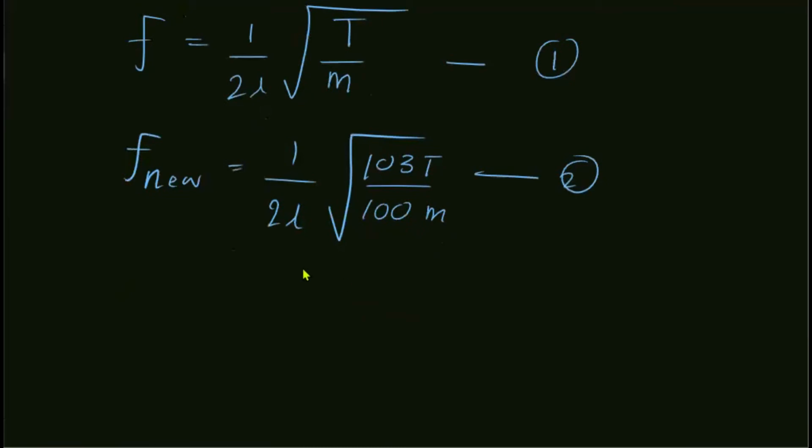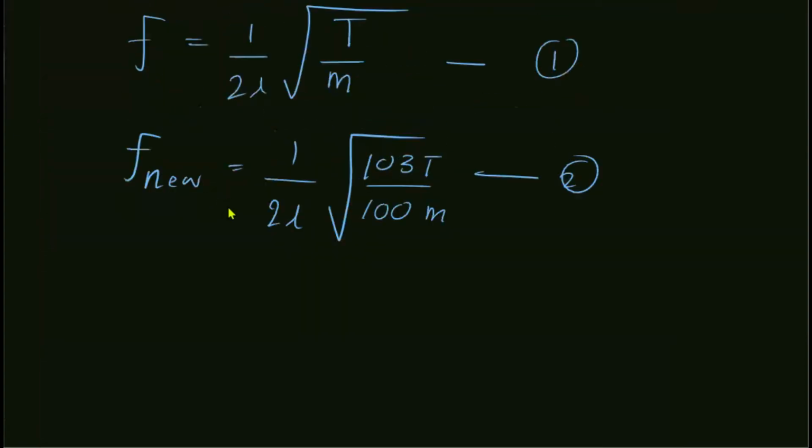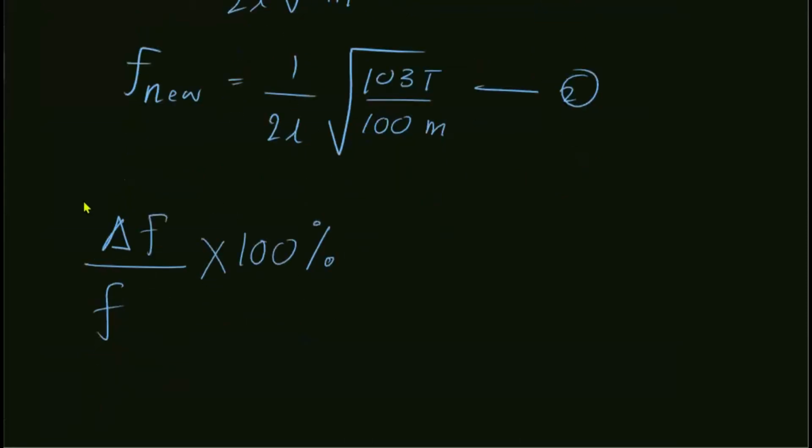What you need is the percentage change in the frequency of the wire. It's like this: delta F over F into 100%. This is the percentage change of frequency, the change of frequency over the initial frequency into 100%.